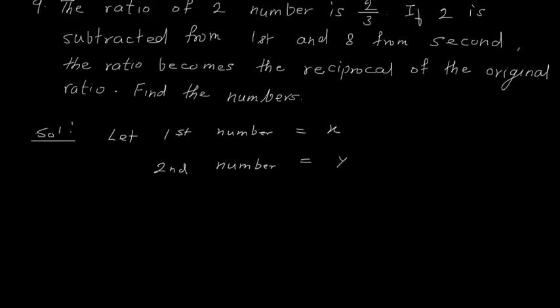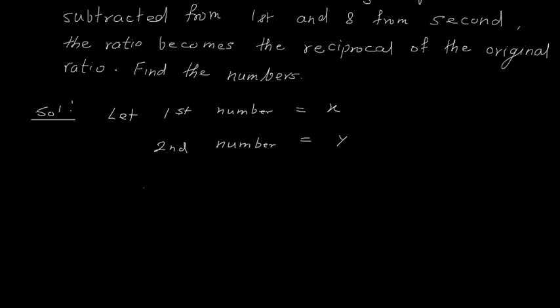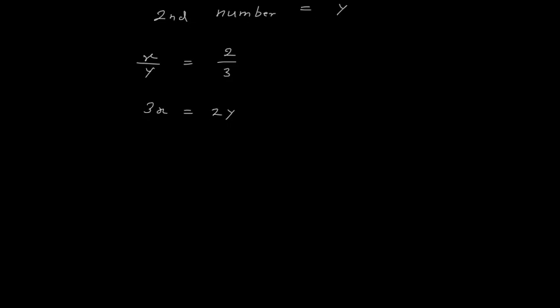Now what is given? x upon y is given. x upon y is 2 upon 3. That means you have 3x equal to 2y, that is 3x minus 2y is 0, or you can say this implies, better, I will find the value of x, which is 2y upon 3. This is our first equation.